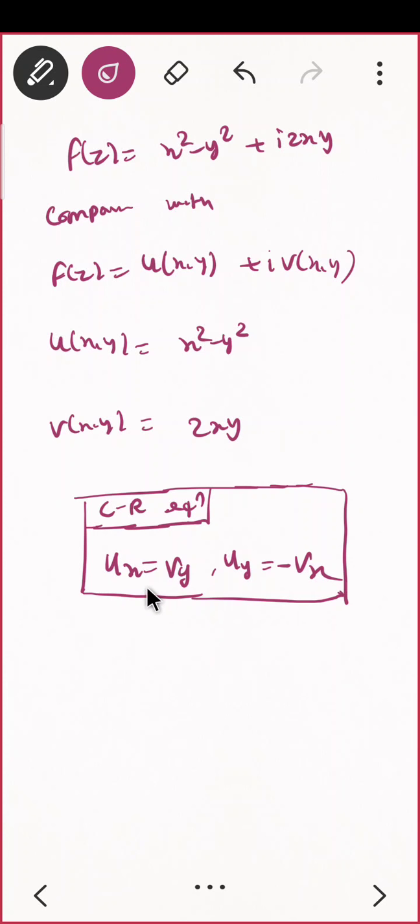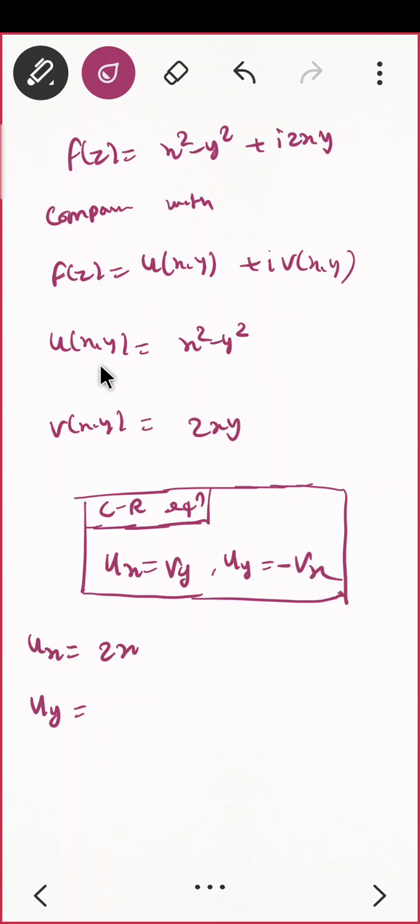This is partial differentiation. That means for ux you differentiate with respect to x, and you keep all other terms as constant. So what will be your ux? X square will become 2x and y will be 0. And what is uy?